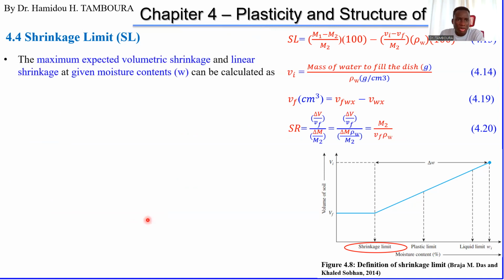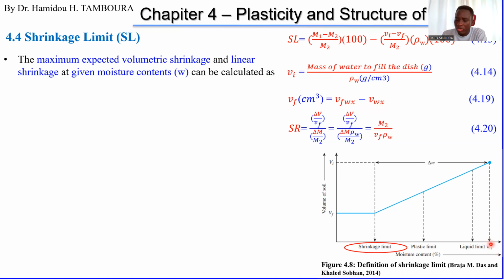We can also talk about the maximum expected volumetric shrinkage, and also the linear shrinkage at any given water content. For any given water content, we can talk about what volumetric shrinkage we are expecting with this initial water content.